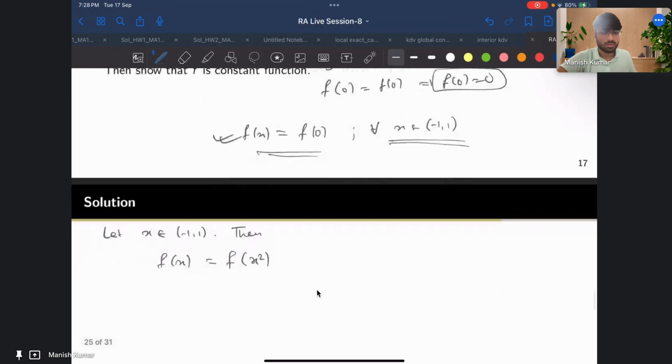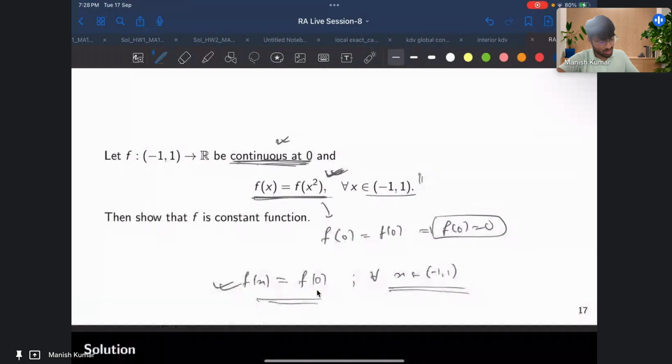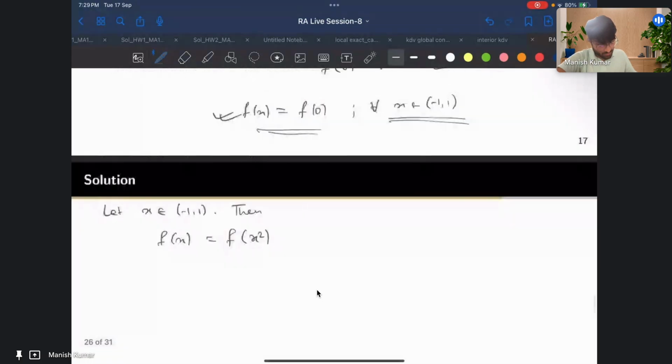And it is also important that x is lying between -1 and 1. If I replace this condition with x belonging to R, then I don't think it should be true that it's a constant function. So you have f of x equal to f of x square.